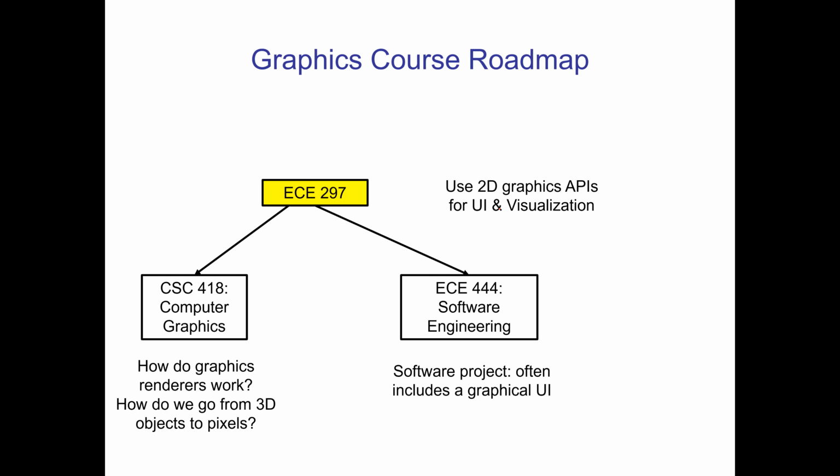Okay, so if you find that you like graphics, we're teaching you how to use what are called two-dimensional graphics APIs. So all 2D points, flat basically, for both the user interface and for visualization. If you like graphics, and graphics are pretty fun, you want to know, well, how do these renderers work? Tell me more about these transformations.